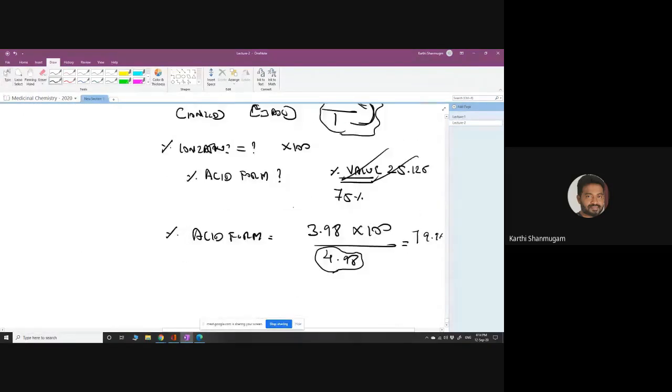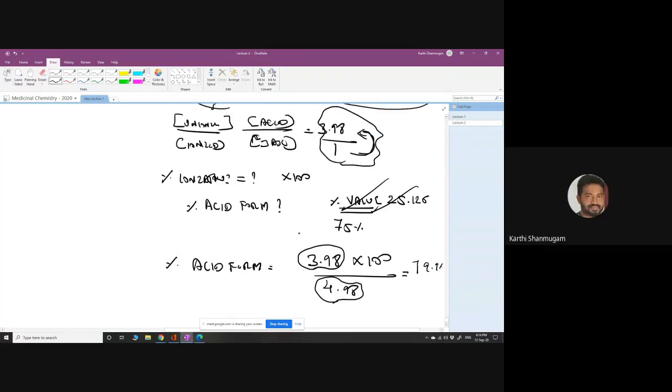Again, I repeat: what is this 3.98? This is the number of molecules in its unionized, that is acid, form. What is this 4.98? This is the total number of molecules.